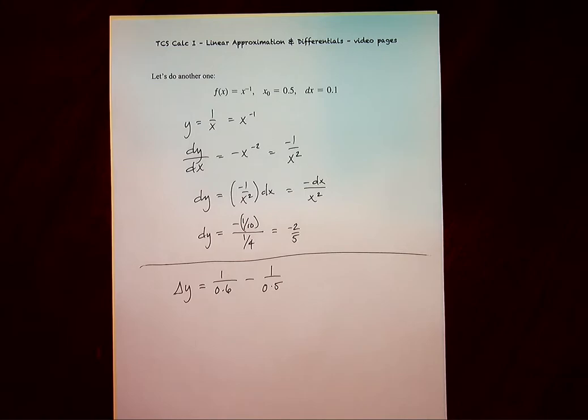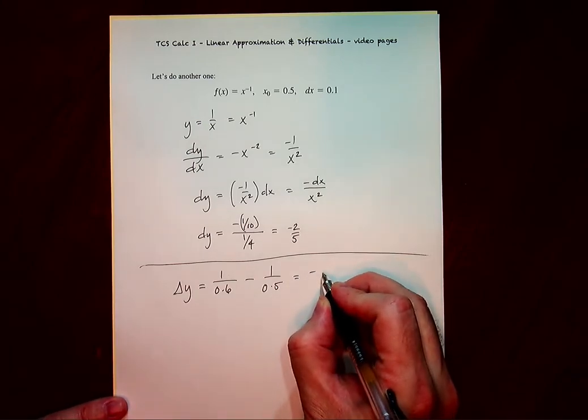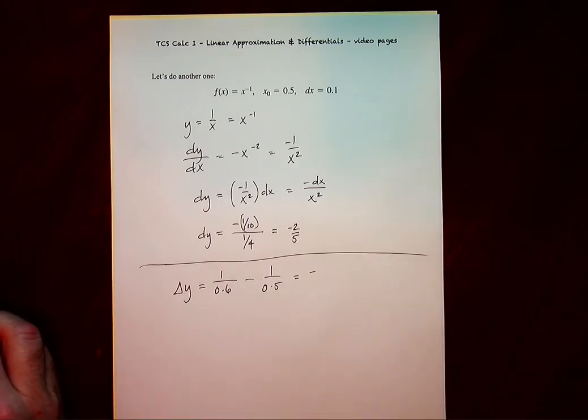That's 1 over 3/5 minus 1 over 2/5, so 5/3 minus 5/2. And I'm left with the actual is negative, is that negative 5/6? Maybe I did a keystroke error right in here. So 1 over 0.6 minus 1 over 0.5.